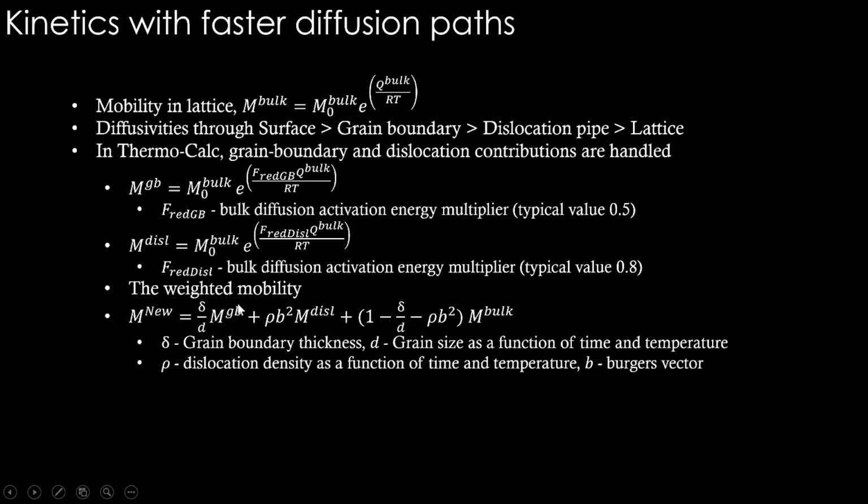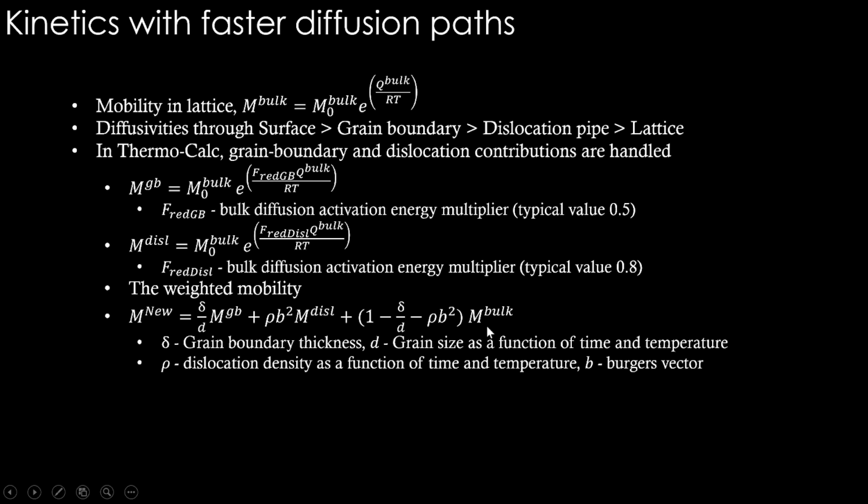So this is how they are put together. Delta by d times M GB, this is the grain boundary contribution, plus rho b squared times M dislocation, this is the dislocation pipe contribution. And this term is basically taking the M bulk and multiplying it with a fraction, 1 minus something. Therefore, you are going to get a fraction of M bulk. This is done because the entire material is not bulk.